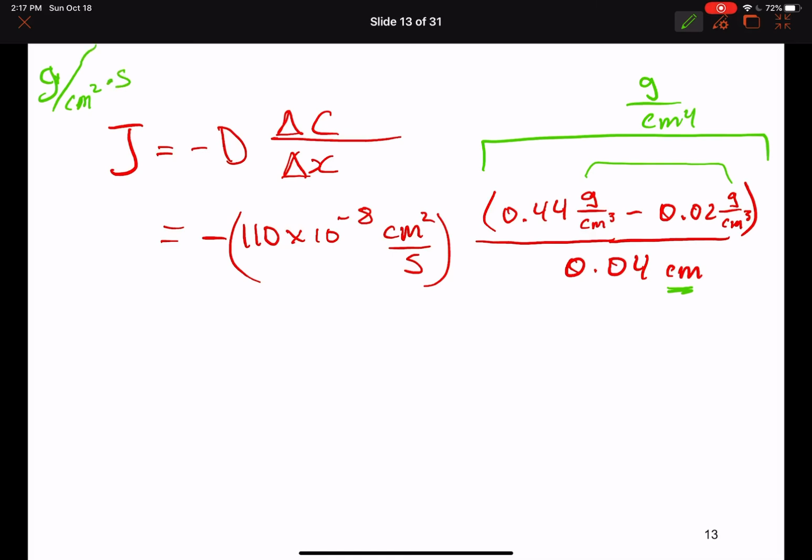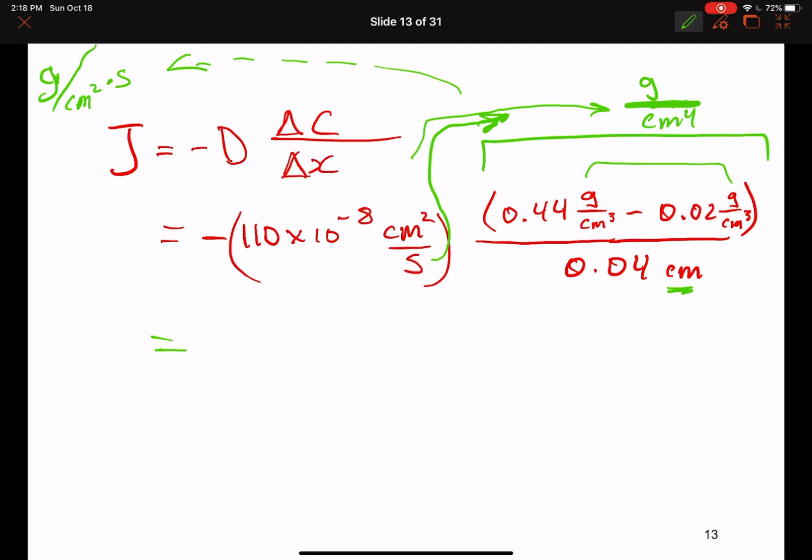Okay, so when we multiply by centimeters squared in our diffusion constant, that is going to cancel 2 of the centimeters to the power 4. So that is looking good. And then we're going to end up dividing through by the second, and that is going to give us the per second in our final answer. I think our units are set up, and so this should be a fairly straightforward multiply, divide type question.